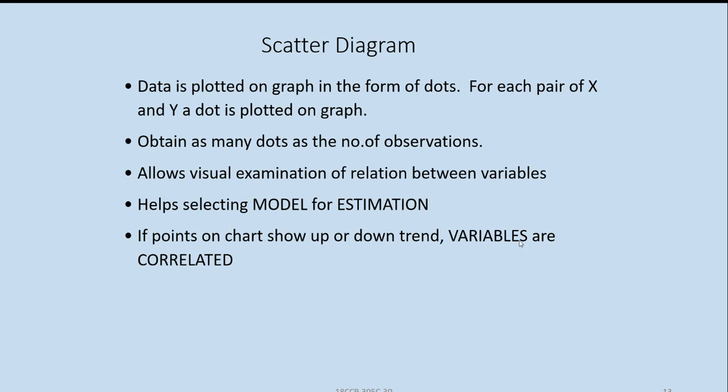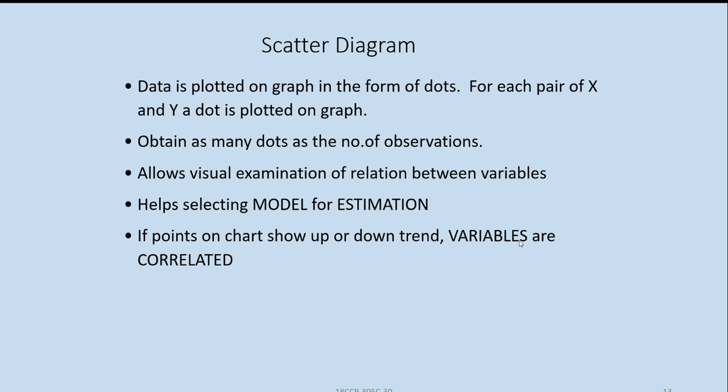And coming to the scatter diagram, data is plotted on a graph in the form of dots. For each pair of x and y, a dot is plotted on the graph and we obtain as many dots as the number of observations, and it allows visual examination of the relation between variables.